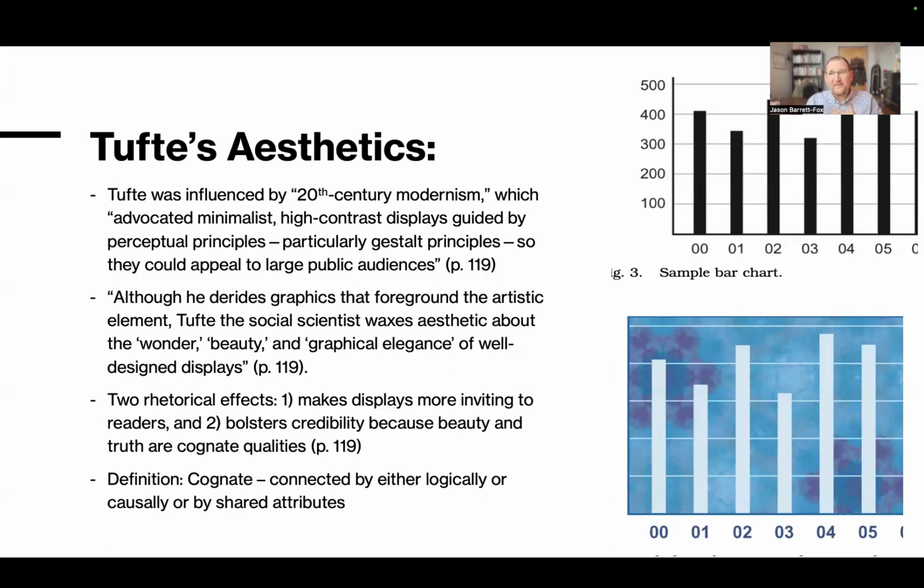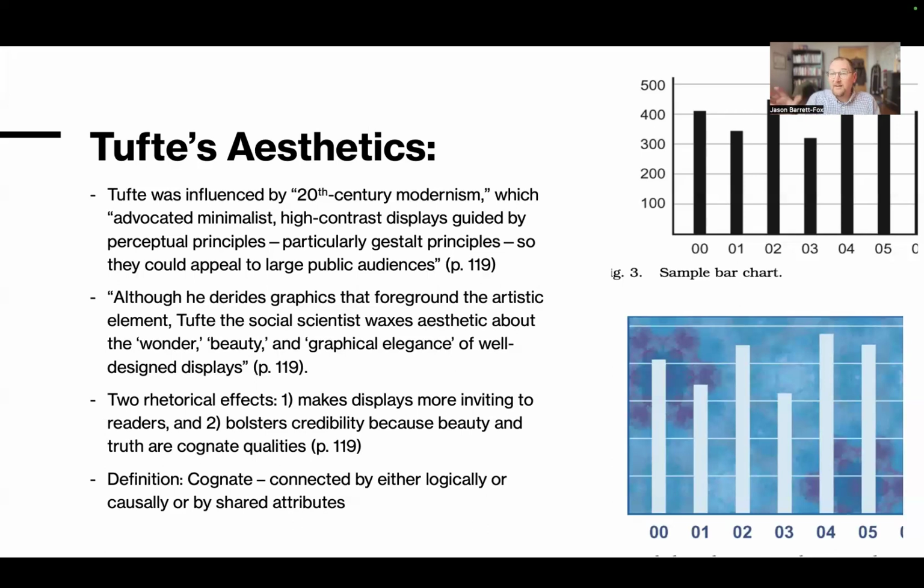The information is not different, but the chart is a lot more compelling. It's a lot easier to look at the bottom, because if you make it easier to look at, you have bolstered your credibility, because beauty and truth, according to Tufte, are cognate qualities. We're getting really close to Plato here, with the value of truth and beauty.